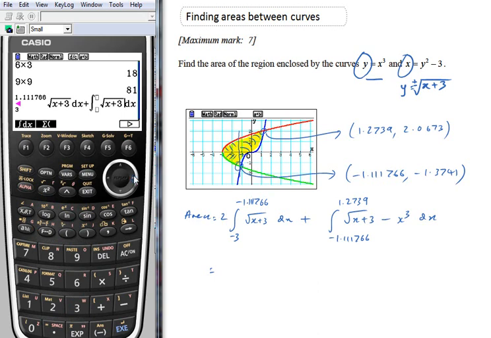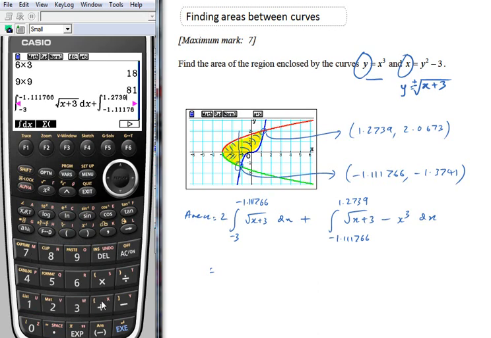Move away from that square root sign because we want this function separate, minus x to the power of 3, and the intercept points are between minus 1.111766 and 1.2739.